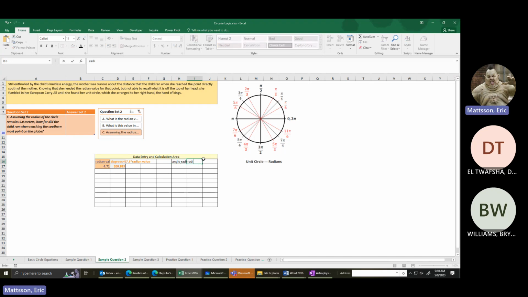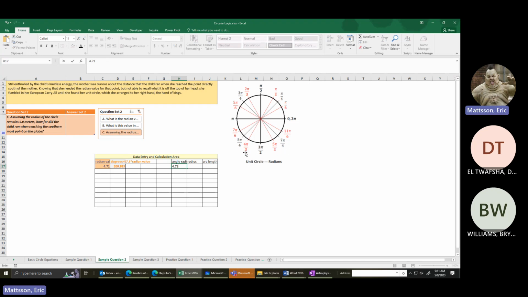I have a radius. And then at the back, I always put whatever I'm calculating. So here I'm calculating arc length. So now I just punch in the numbers that I have. What's my radian angle? So I already got this here. So the angle in radians is 4.71.